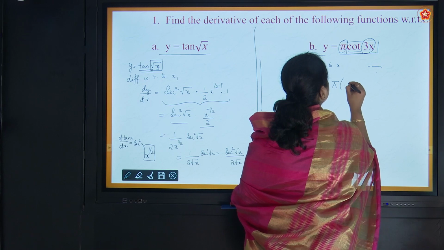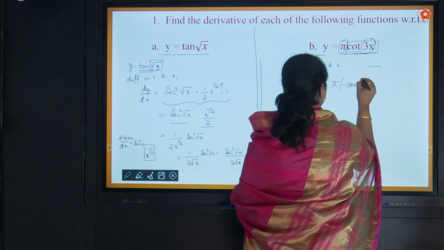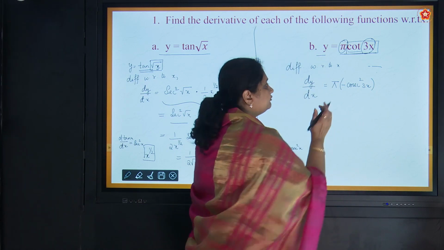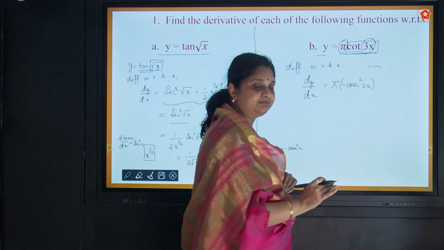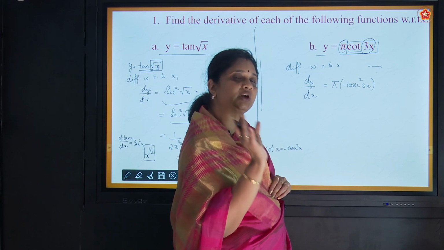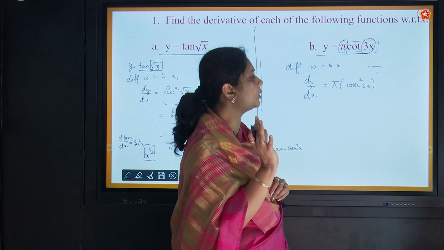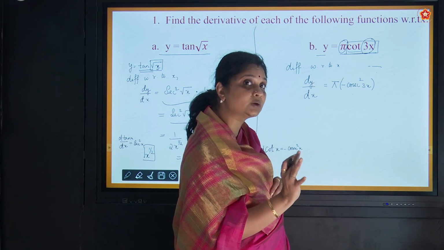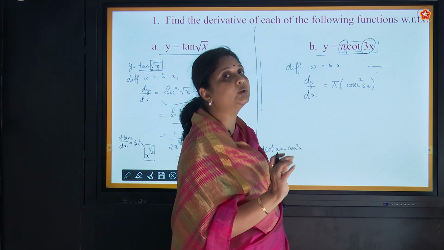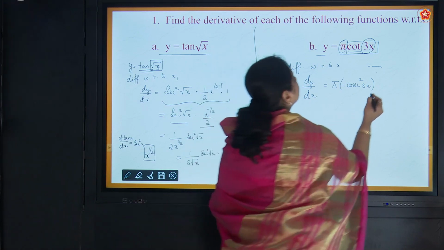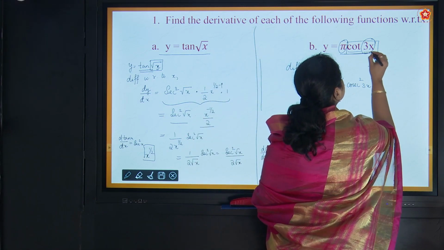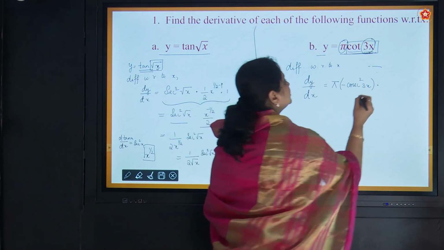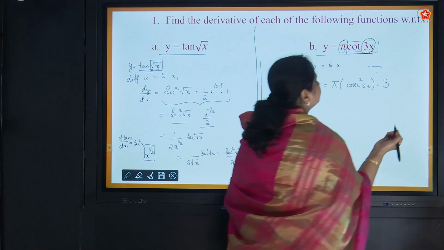So I'll get minus cosecant square 3x. I should not differentiate 3x in the same step because I'm only differentiating the outer function here, that is cot x. That gives me minus cosecant square of the angle, 3x, into, now the inner function is 3x. So now I will differentiate that. When I differentiate 3x, I get 3.